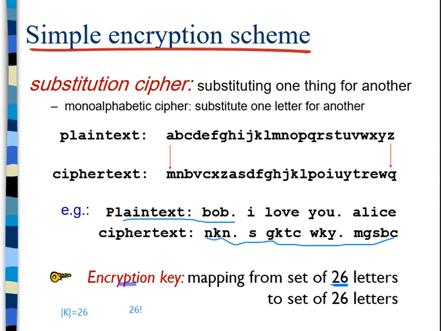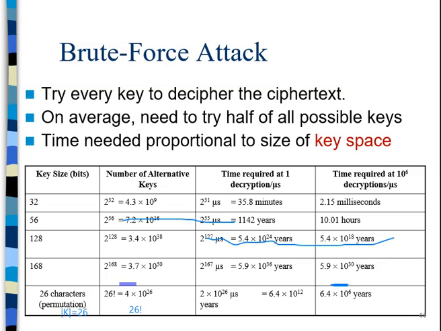Anyway, you may ask, okay, why is this method not secure? Before explaining this, please take a look at this table. This says that in a brute force attack, the space of your key is so important.